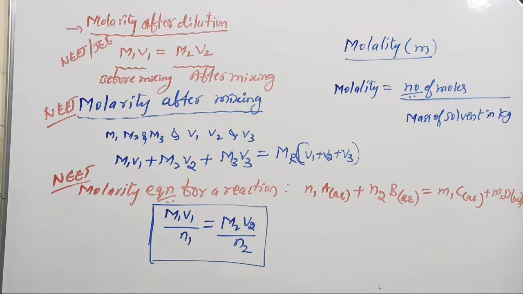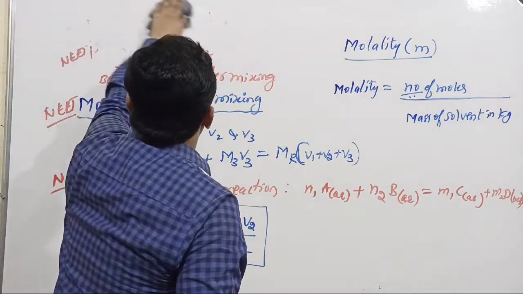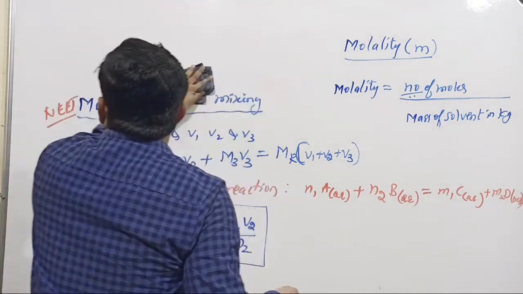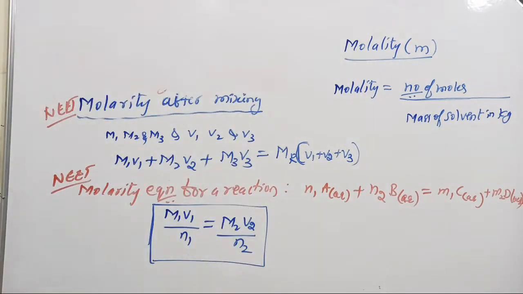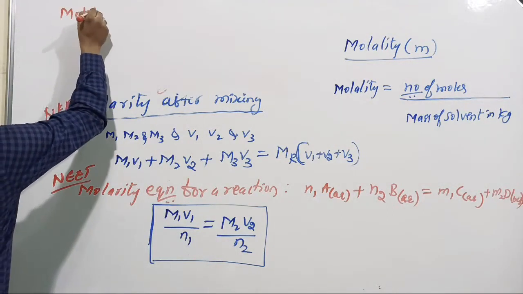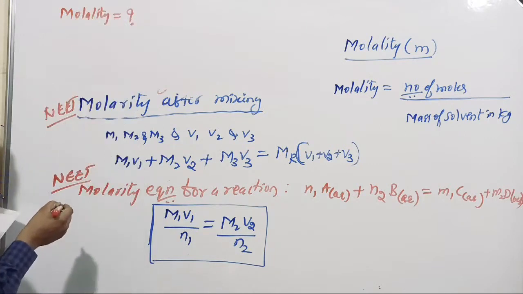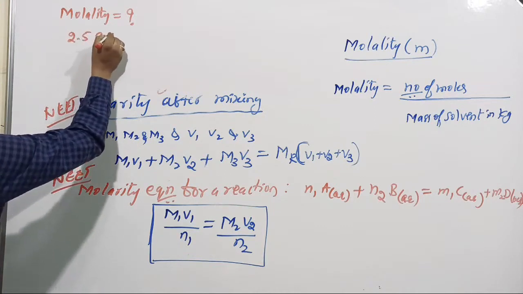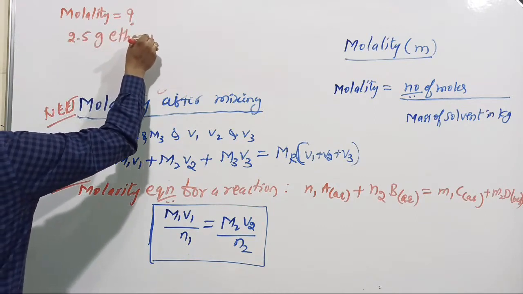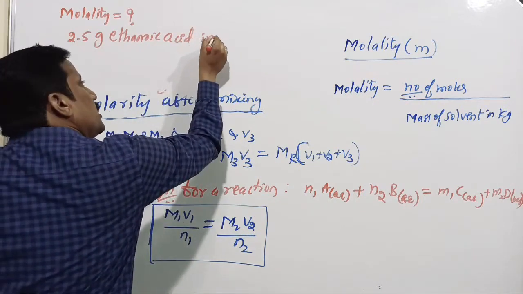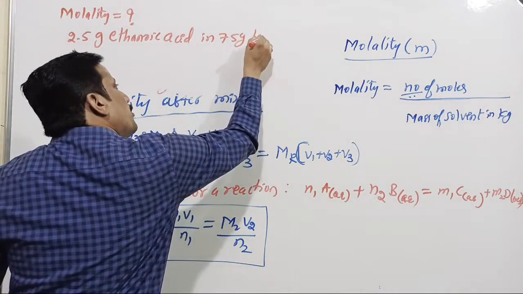Calculate the molality of 2.5 grams of ethanoic acid in 75 grams of benzene. Calculate molality only, since I am discussing the concept of molality.